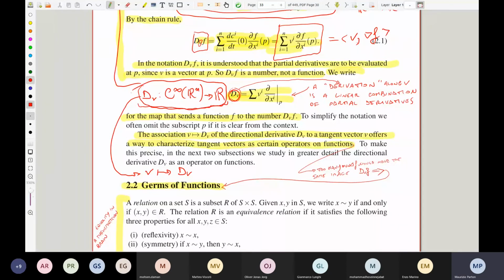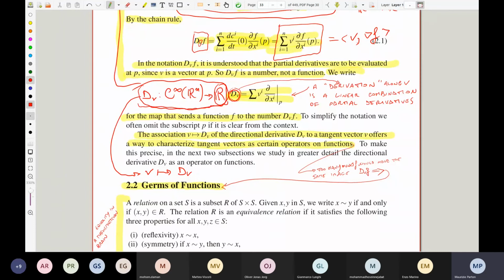Can you imagine 2 functions having the same result by this map? Very easily. What are they supposed to satisfy? 2 functions, in order to have the same derivative at a certain point P, it is enough that they are locally equal.